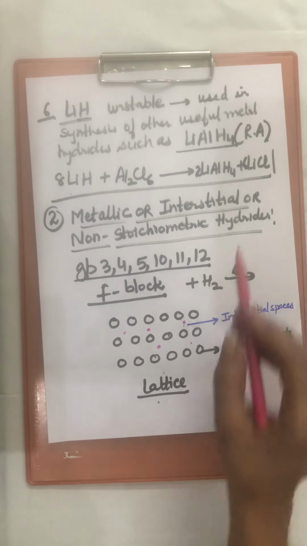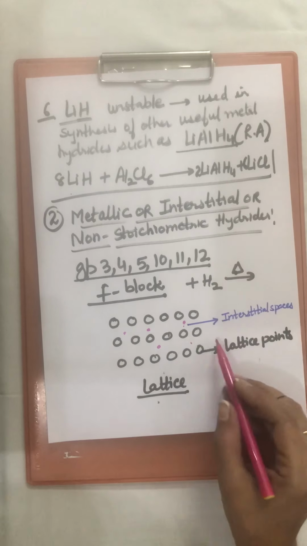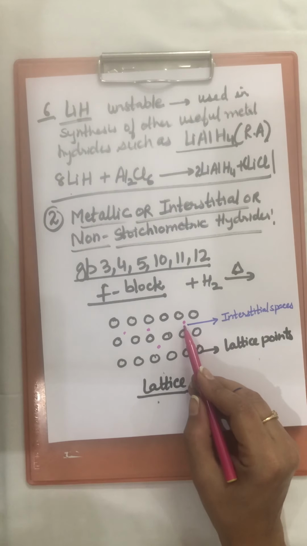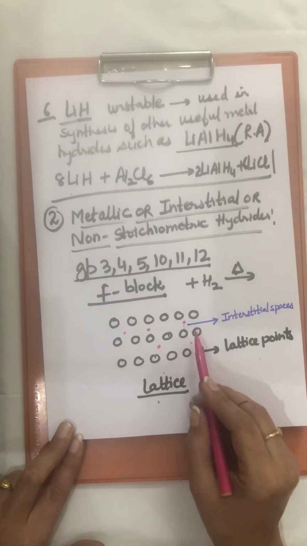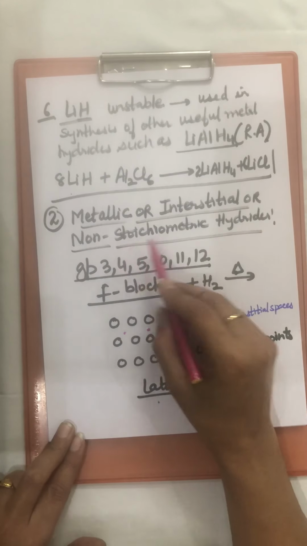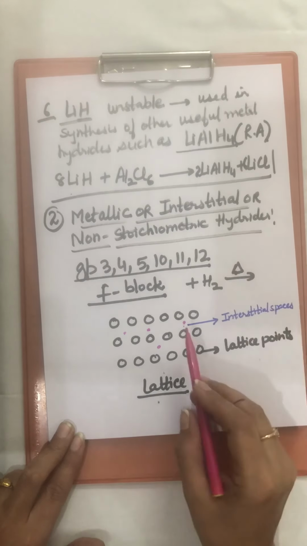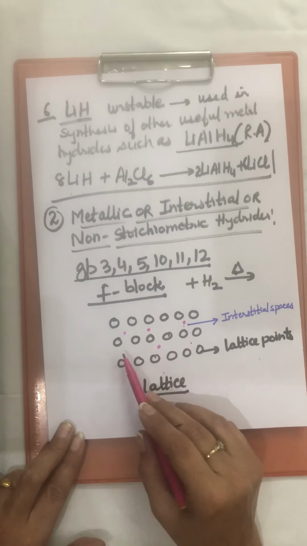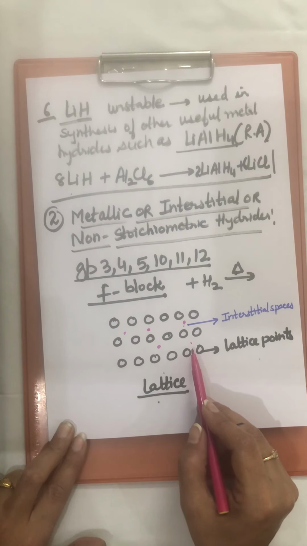Why are these called interstitial? Because hydrogen goes into the interstitial spaces in this metal lattice. From this it has got the word interstitial hydride. And why called non-stoichiometric? Because some of these interstitial spaces are unoccupied.